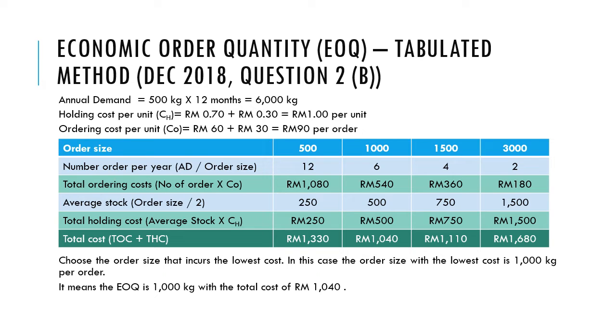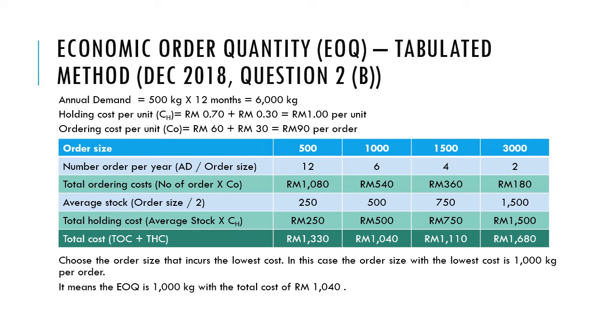If our order size is 1,000, we only need to order 6 times per year. So you can say the bigger the order size, the fewer times I need to order from my suppliers. If I order 3,000 per order, I only need to order 2 times a year.